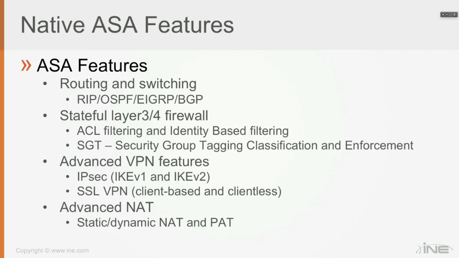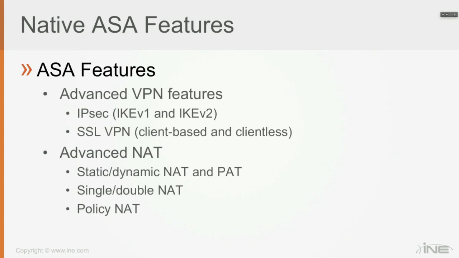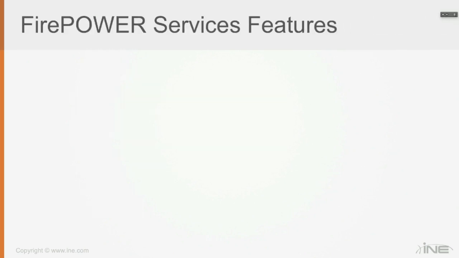And of course the regular ASA advanced NAT capabilities, static and dynamic NAT and PAT. And of course single, double NAT, and also policy NAT. So you have a lot of extended capabilities on the ASA firewall from the NAT point of view.